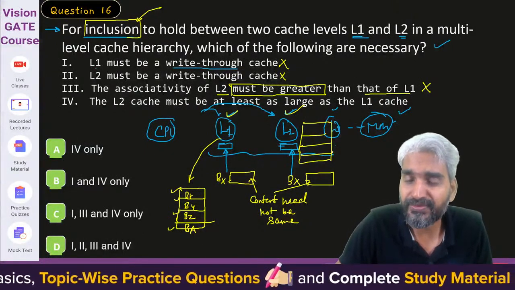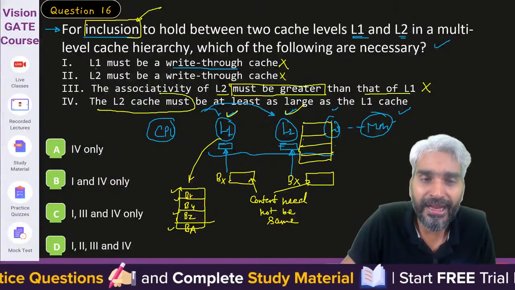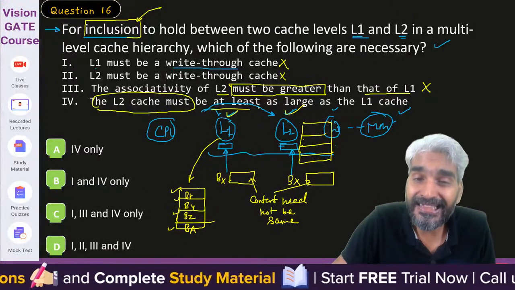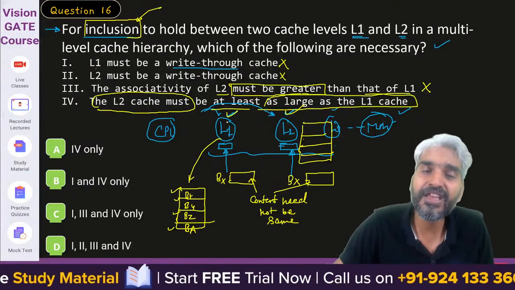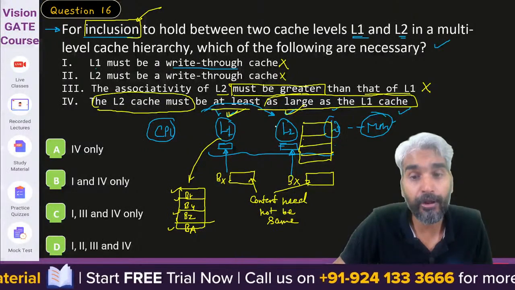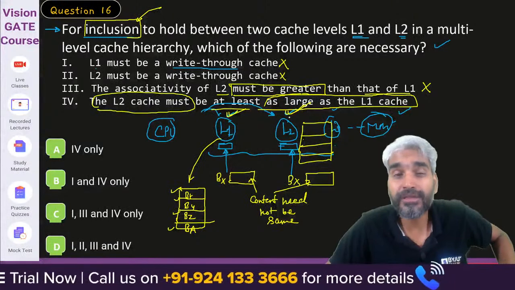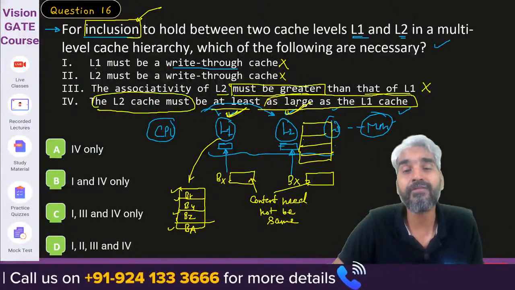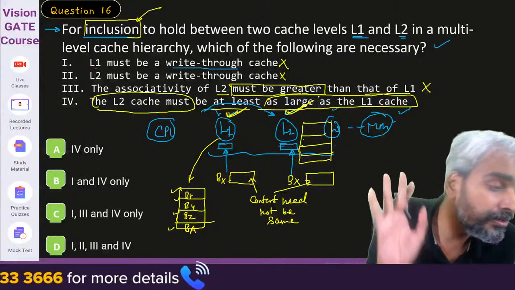And to store these 4 blocks into L2 cache as well, the size of L2 cache should be at least as large as that of L1 cache. Otherwise, if the capacity of L1 cache is 4 blocks and the capacity of L2 cache is only 2 blocks, then how will you ensure that all the 4 blocks which are present in L1 cache are also present in L2 cache? So this is the only requirement for inclusion to hold.